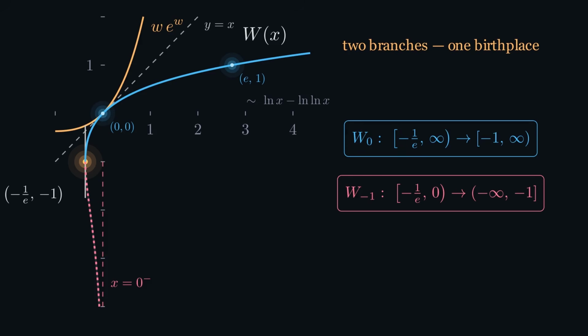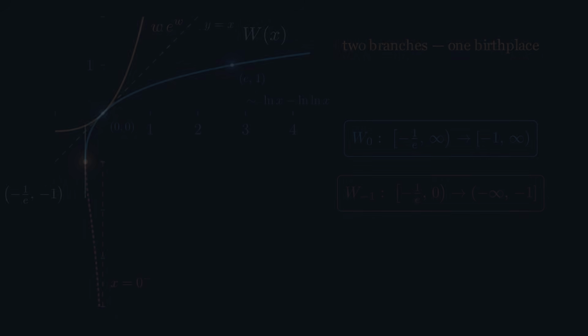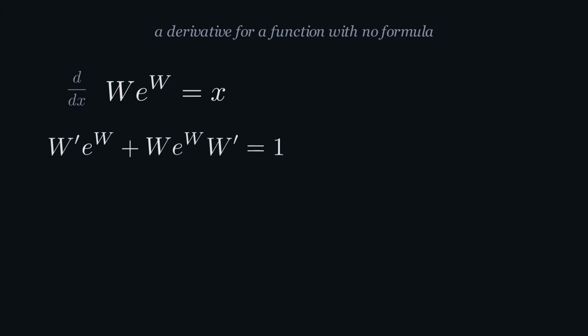Now, a real function deserves a derivative, but our function has no formula, so we differentiate its definition instead. Start from w times e to the w equals x. Differentiate both sides with respect to x, remembering that w itself depends on x. The left side needs the product rule and the chain rule.